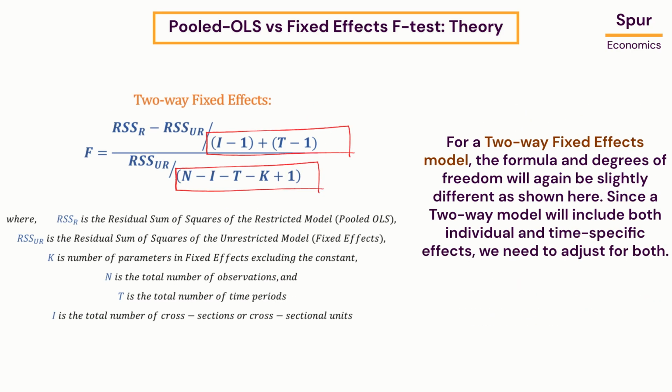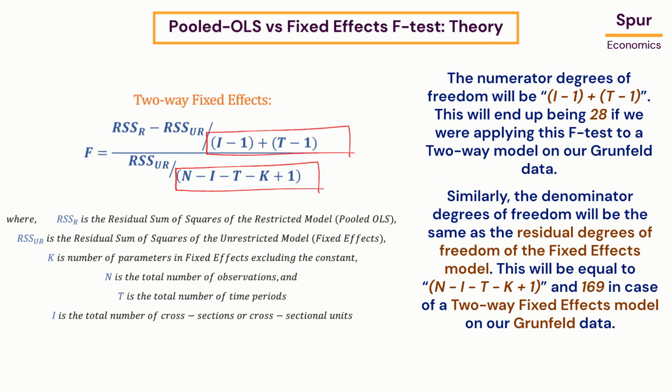For a two-way fixed effects model, the formula and degrees of freedom will again be slightly different as shown here. Since a two-way model will include both individual and time-specific effects, we need to adjust for both. The numerator degrees of freedom will be I-1 plus T-1. This will end up being 28 if we were applying this F-test to a two-way model on our Grunfeld data.